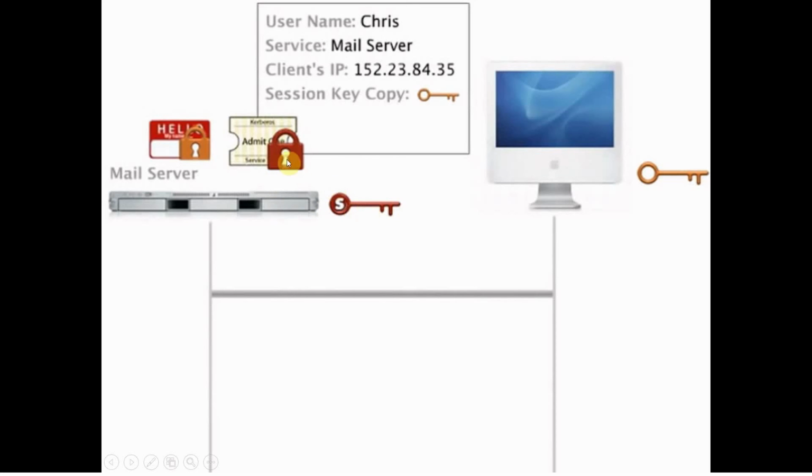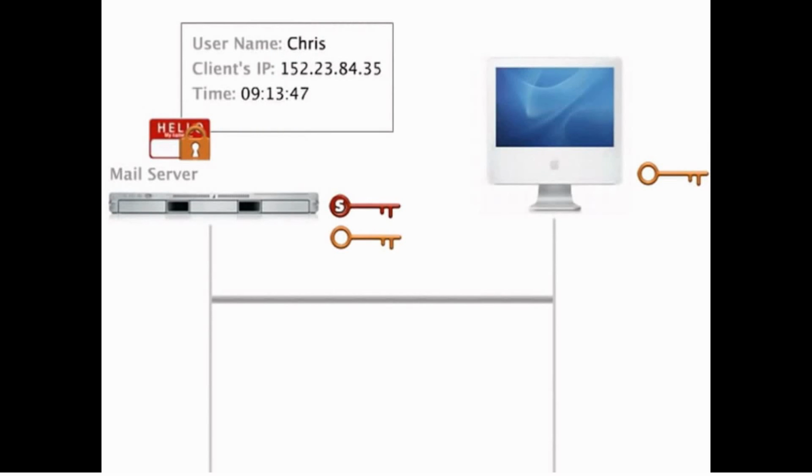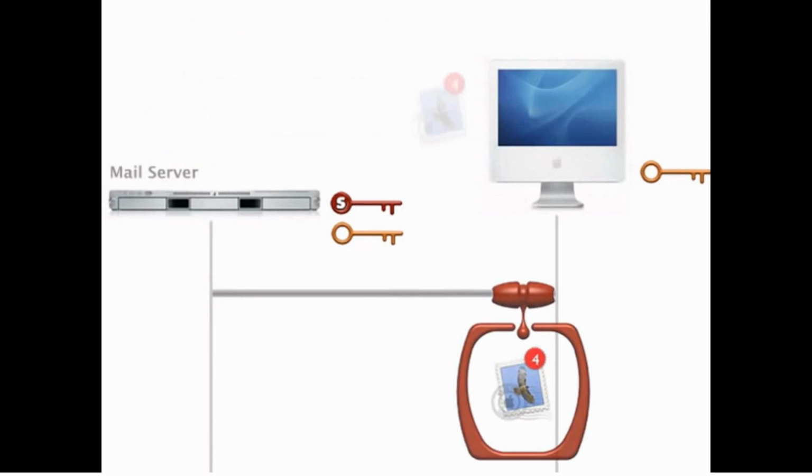After using its private key to decrypt, the service retrieves all this information, which includes username, service name, client IP, and the new session key, and it takes this new session key and opens the authenticator. Now it cross-matches to find any match between the authenticator and the information in the service ticket. If a match is found, then the service is provided to the client.